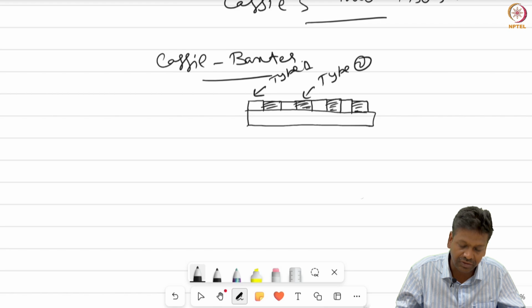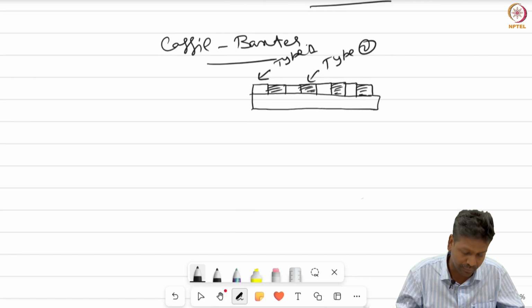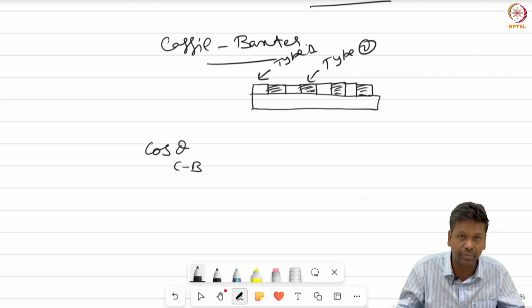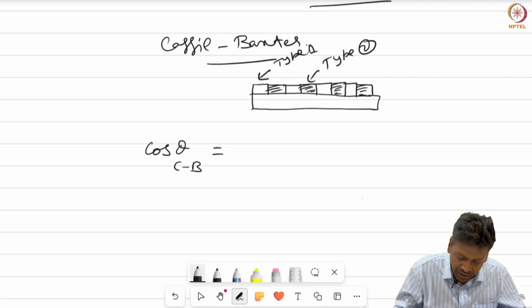For now, we will consider only a surface which has two different types of chemical heterogeneities, one is type 1 and another one is type 2. In this case, the same lever rule can be applied. So I will use cos theta_CB, which represents Cassie-Baxter, and this can be written as F1 cos theta 1 plus F2 cos theta 2.